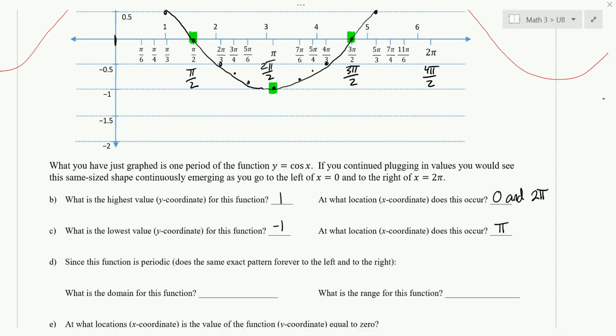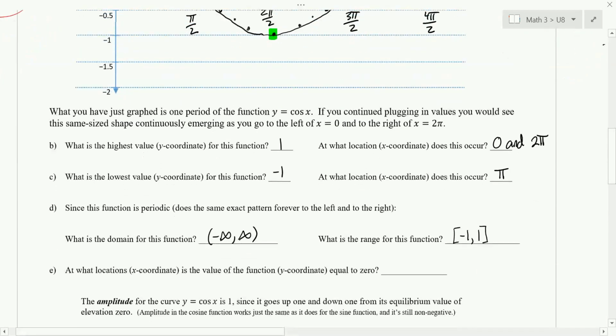This is also periodic, meaning it does the exact same pattern forever to the left and right. So domain's going to be, okay, and then the range is still going to be, you go low to high. So the lowest value to the highest value, and we use the brackets, right, because it actually obtains those values. And we did this yesterday with the sine curve, so because it's the same curve we're using, we're going to have the same range.